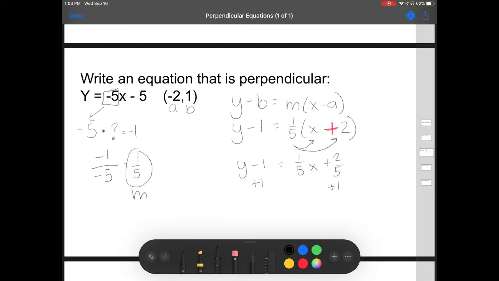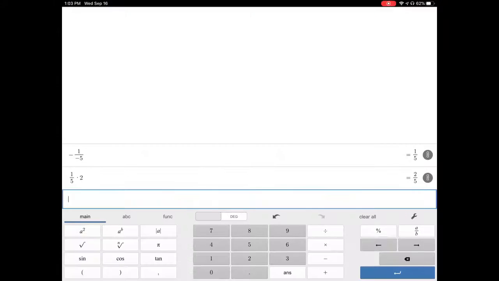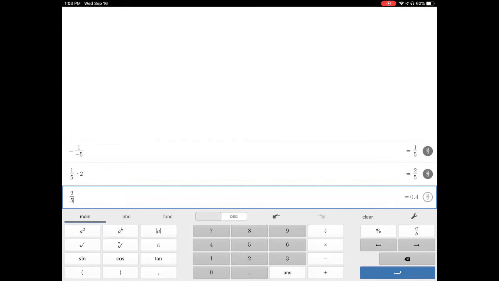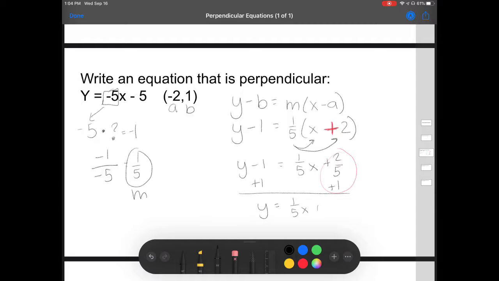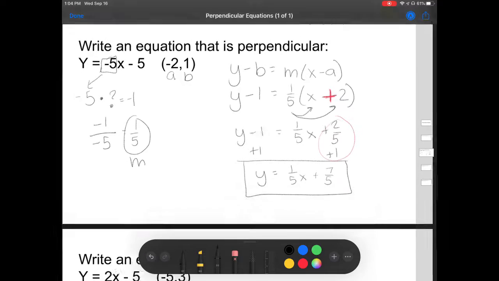Now we add the 1 to both sides. 1/5 x. Now I'm going to put this in the calculator. 2/5 plus 1. Yeah, 2/5 plus 1 is 7/5. And there's our answer.